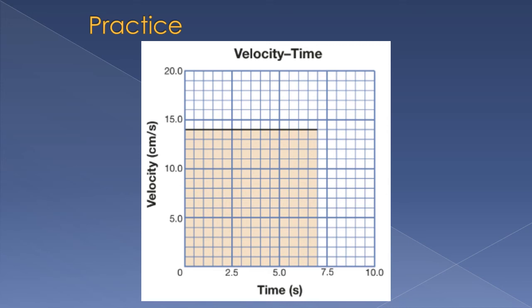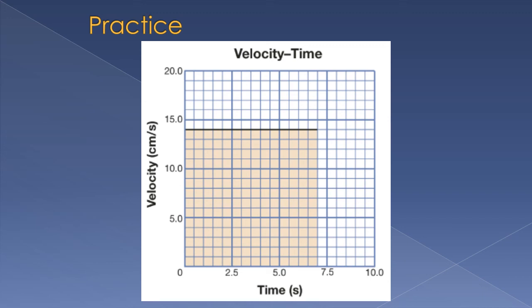And so here we're going 14 centimeters per second, like we just did, and we're going for, I would guess, about 7 seconds. So if we are going 14 centimeters per second, times 7 seconds, what do we get? We get 98 centimeters.